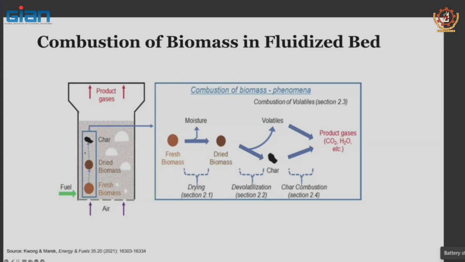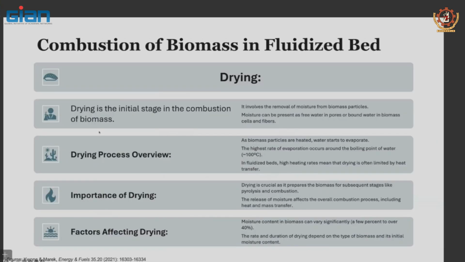Of course, the net effect here, this is an exothermic reaction. Heat is released, heat is captured, and it is utilized in one form or another.